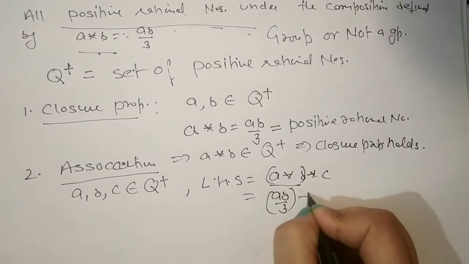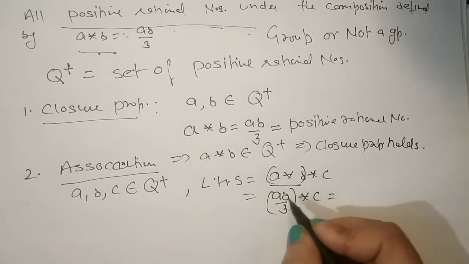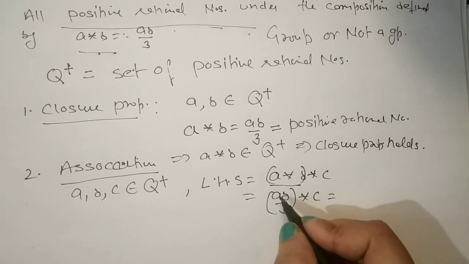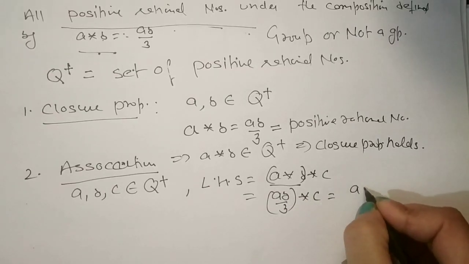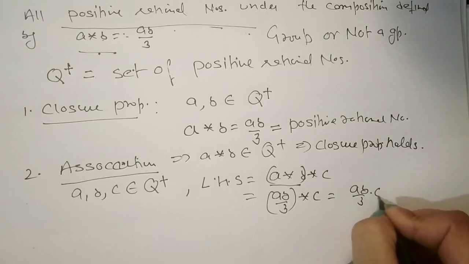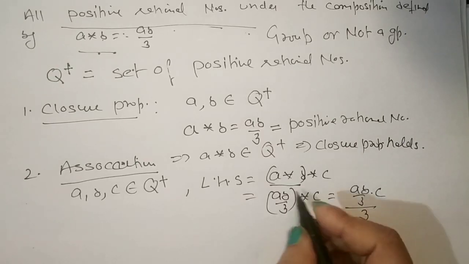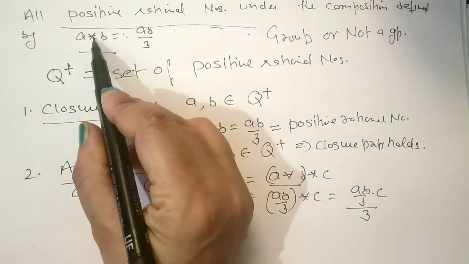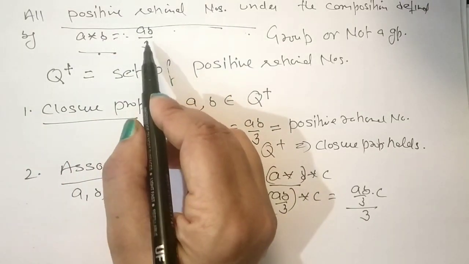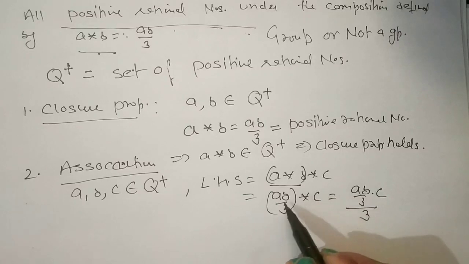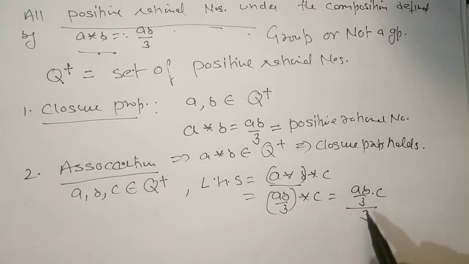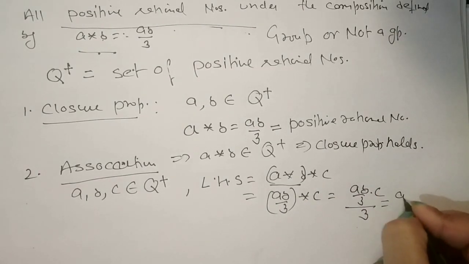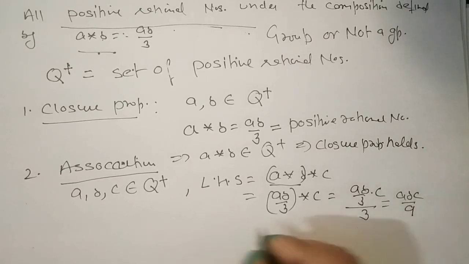Now we have to operate this element with C. So this composition means the product of 2 elements, AB upon 3 into C, and divided by 3. That is the definition of this operation. Whatever 2 elements are operated with the star, we multiply them and divide by 3. So these are the 2 elements. We multiply these 2 and divide by 3. What we get is ABC upon 9.